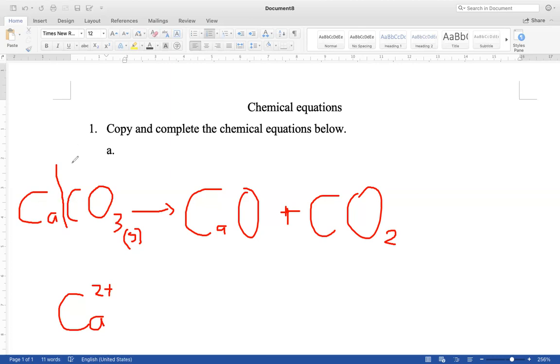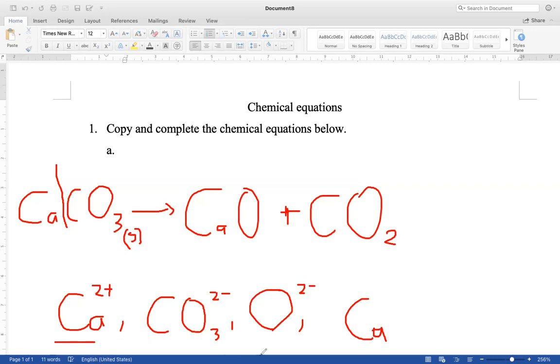The carbonate, CO3, will possess a negative charge. The oxide, as an oxide, is going to have a 2 minus charge, and when calcium and oxide combine they form calcium oxide without a charge.